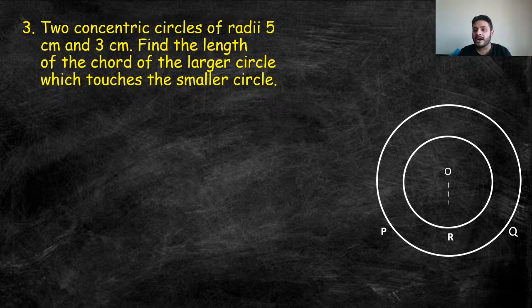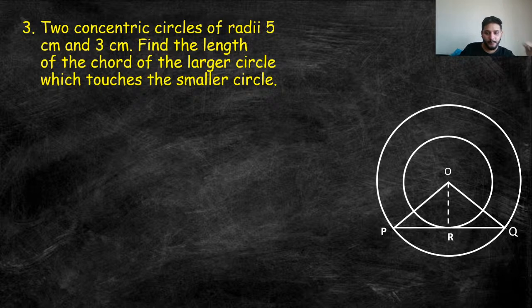We join OR, that is nothing but the radius for the smaller circle. We join OP and OQ, that is nothing but the radius for the larger circle. And when we join PQ, we see that at point R, it is forming a tangent to the inner circle with the center O. Alright.